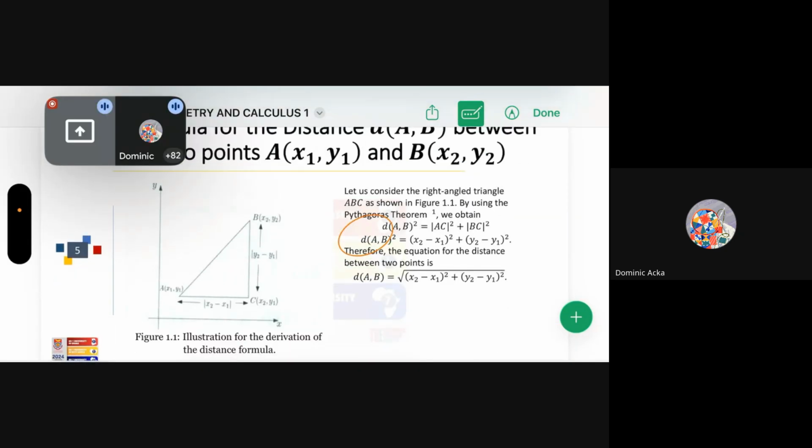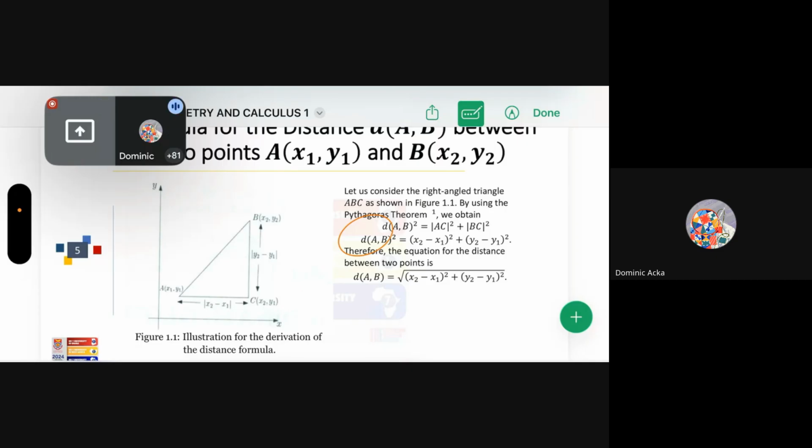Okay. This one. For the A, we have the A coordinates to be x1, y1. Then x2, y1. Then why is B x2, y2? Please come again. The coordinates of B. The coordinate of B is x2, y2.